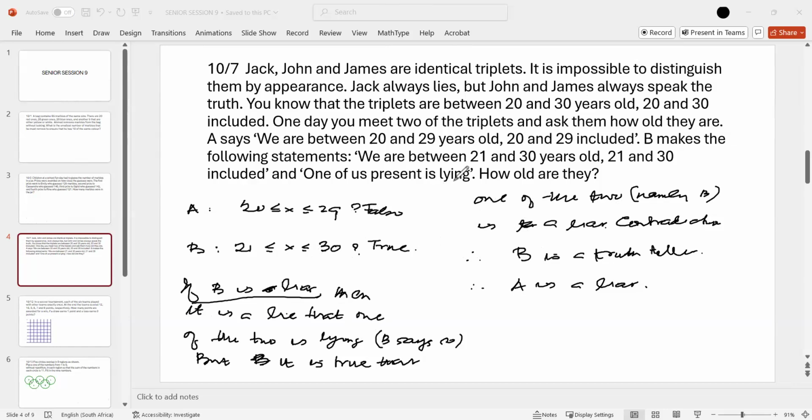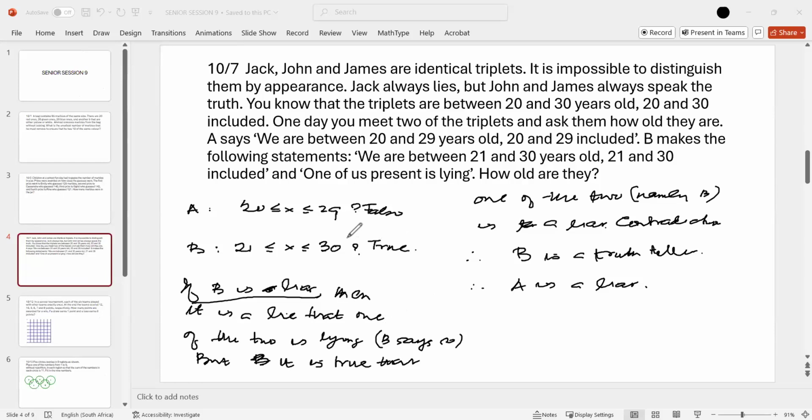All right, Aiden, while you're on the line, suppose we didn't know that. I'm suggesting to you that you can still conclude the same thing. Can you tell me why? A is lying by saying they're between 20 and 29. So yes, they could be above 29 if that wasn't given.